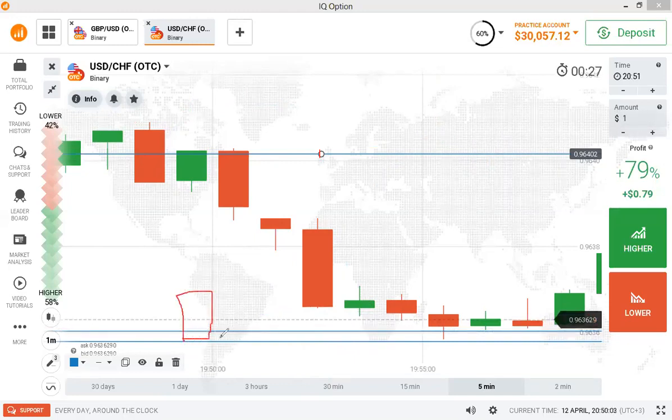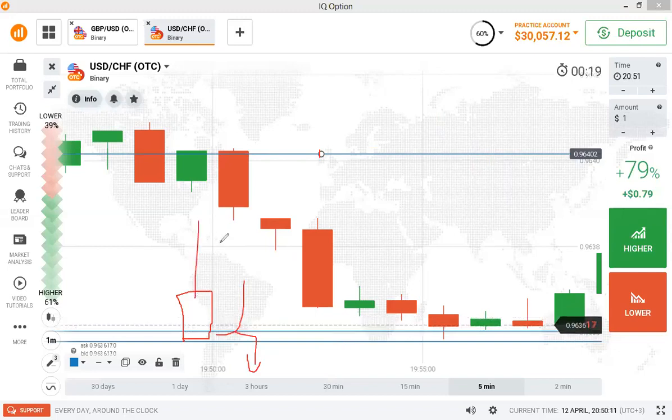So at this time, I will not think of going with a call option. I will go with a put option because this time the sellers are strong. At this area, the buyers are not present. There's no activity of buyers to enter the market on the next candle, even though this is the buyers' area, so the sellers will continue their journey.